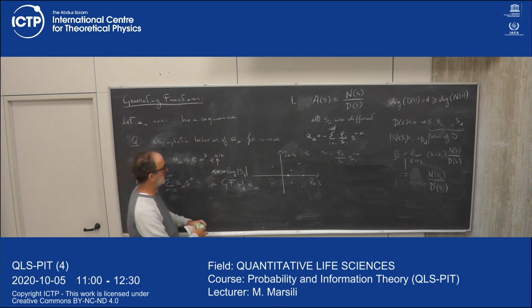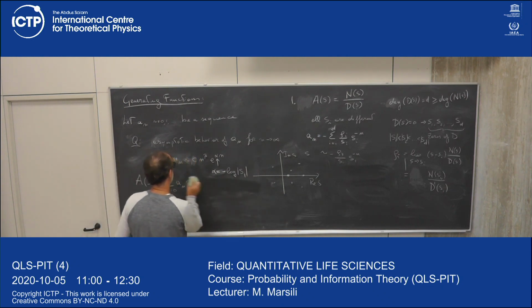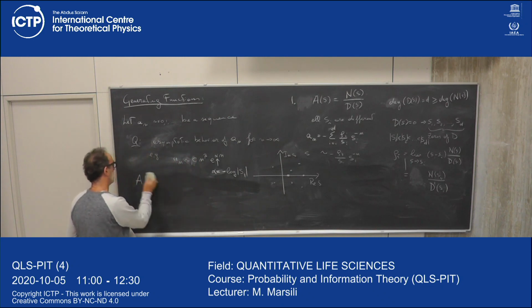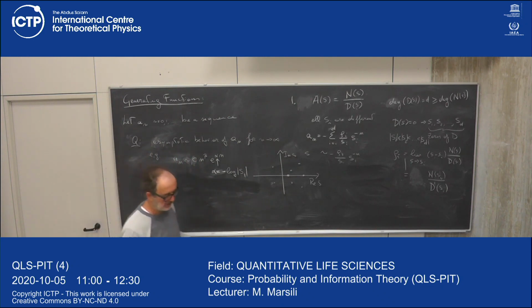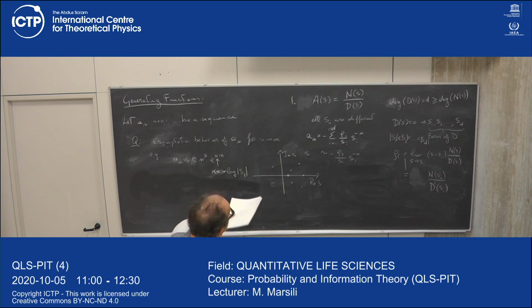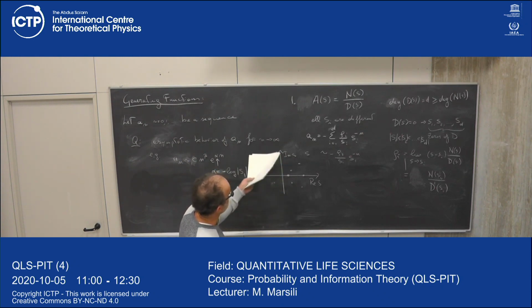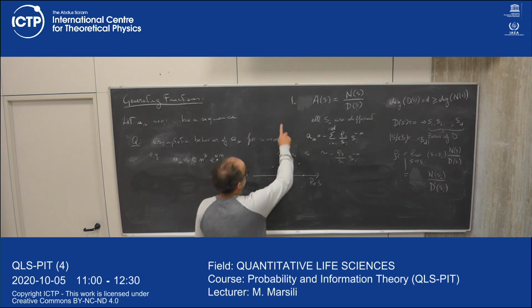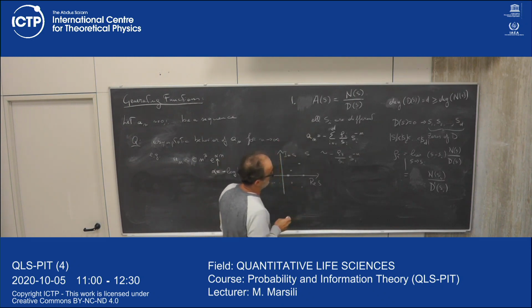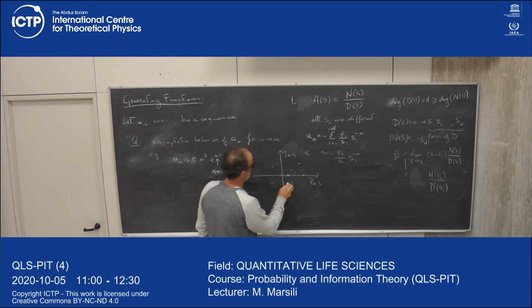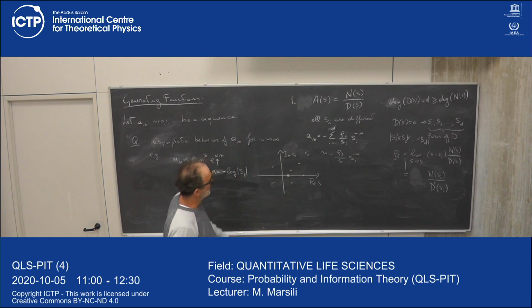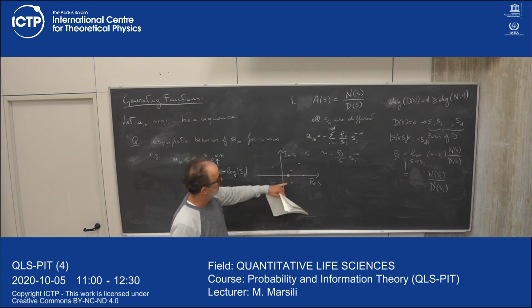Okay, so now if we want to get more details, then we have to look at different, more complicated cases. So let's say, for example, the case where this pole is not a single pole but a double pole.